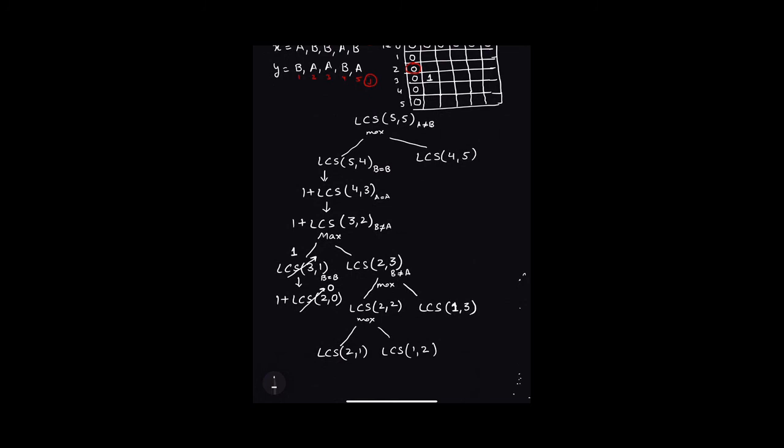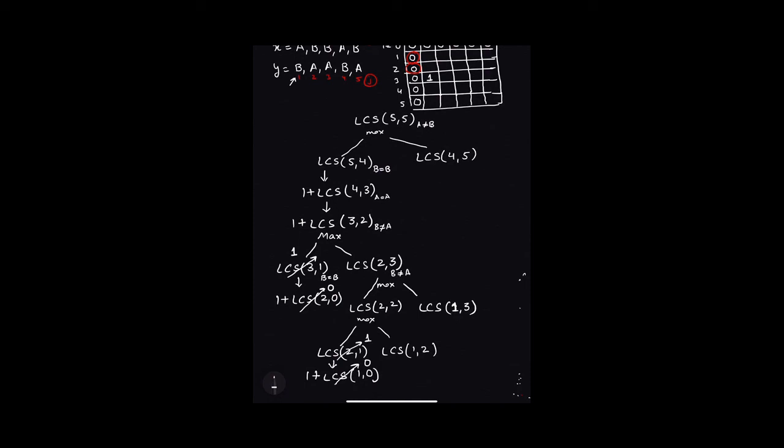For 2, 1, you can see we are having B equal to B. So I can say this is 1 plus LCS of 1, 0. Since the value of 1, comma 0 is already 0, I'm going to straight away put 0 over here, and the value of 2, comma 1 becomes 1. 1 plus 0 is 1.